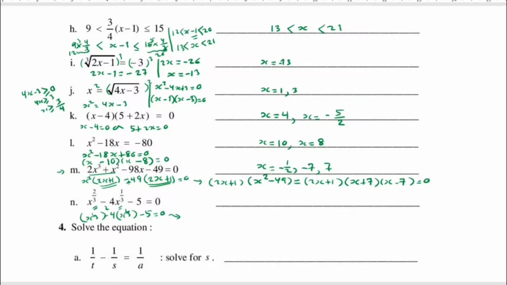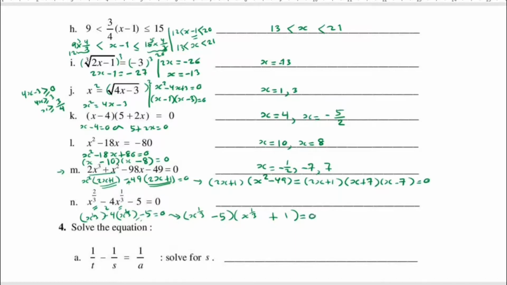So factorize the trinomial. h to the power 1/3 squared is factored into h to the power 1/3 and h to the power 1/3. Here negative 5, you want negative 4. So this is negative 5, and here plus 1. Here h to the power 1/3 minus 5 times h to the power 1/3 is negative 4 times h to the power 1/3. Correct. Now you get this.